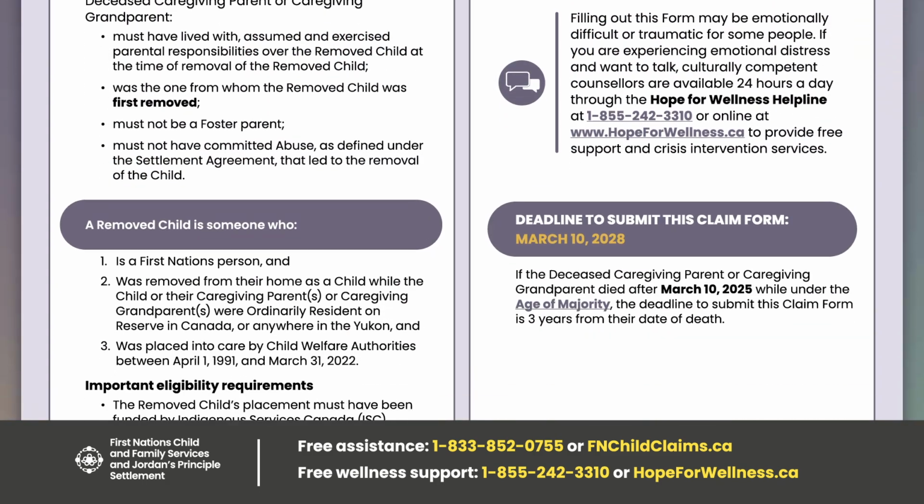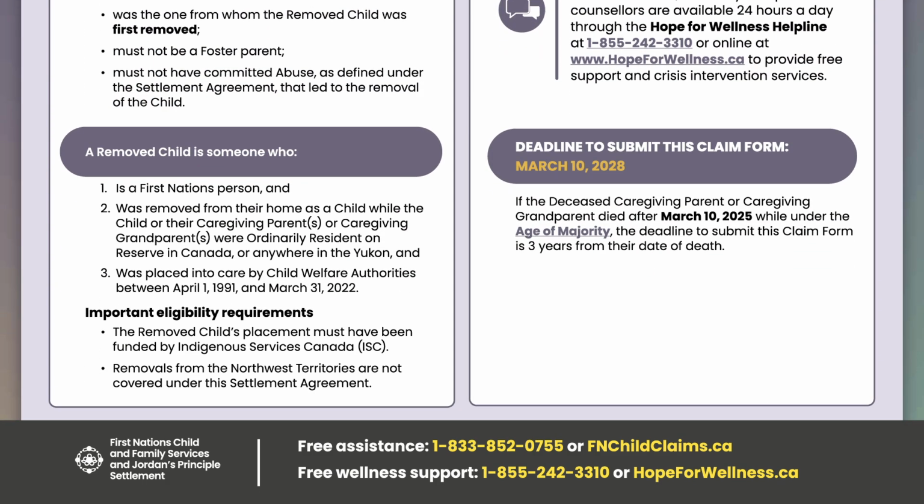Let's talk about the definition of a removed child. A removed child is someone who is a First Nations person and was removed from their home as a child. Someone under the age of majority, while the child or their caregiving parents or caregiving grandparents were ordinarily resident on reserve in Canada or anywhere in the Yukon.